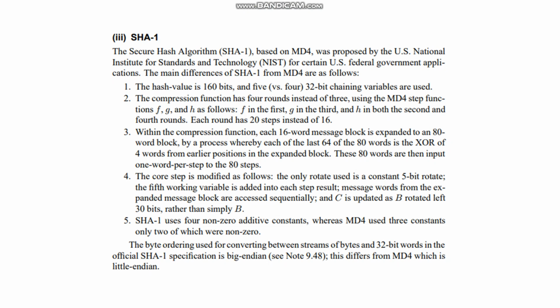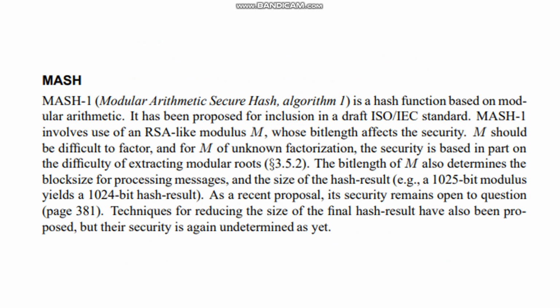The byte ordering used for converting between streams of bytes and 32-bit words in the official SHA-1 specification is big endian. This differs from MD4, which is little endian.